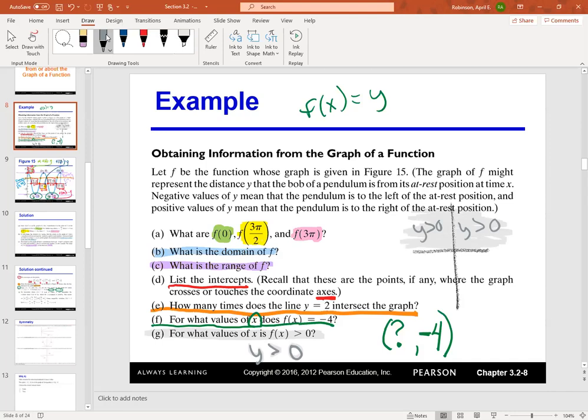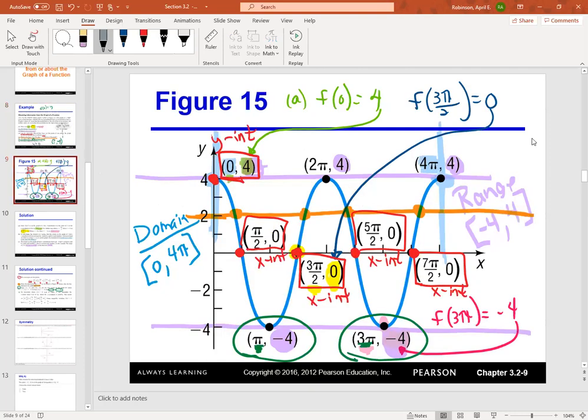Now you could have positive x's or negative x's, but all of the y coordinates are positive in quadrants 1 and 2. So I'm going to go back to my graph and look for any point that is greater than 0.